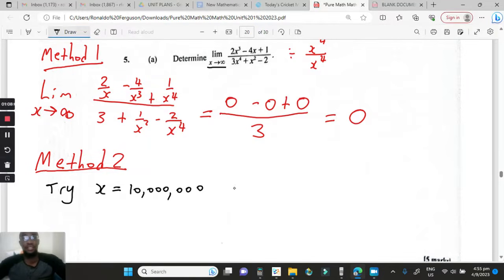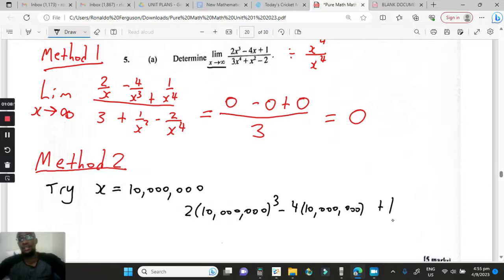Now 10 million is a big number, so you put in 2 times 10 million cubed minus 4 times 10 million plus 1 over. You're just trying, right? You try big numbers and you'll get an idea of where the function is approaching. You'll get an idea of the limit.